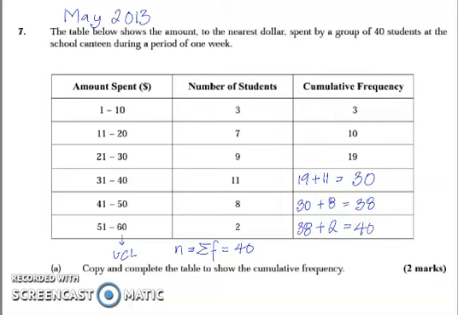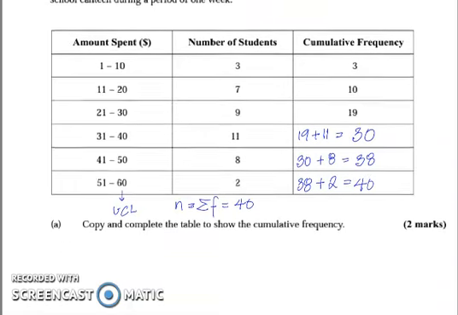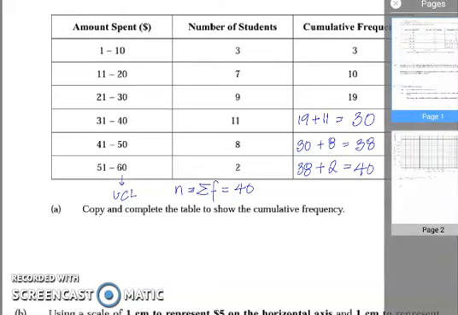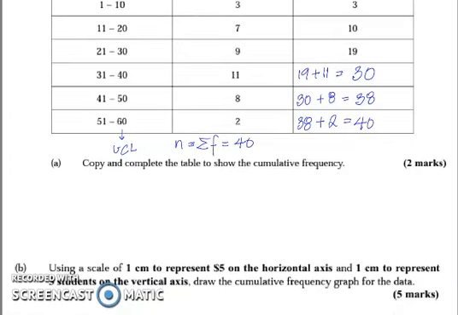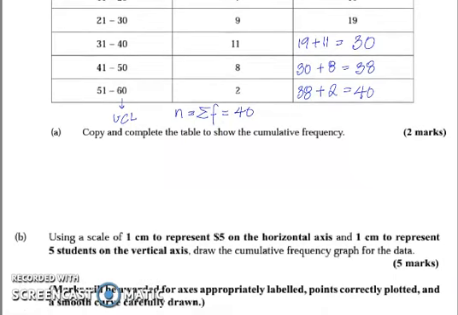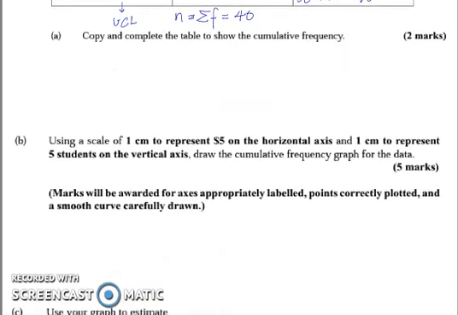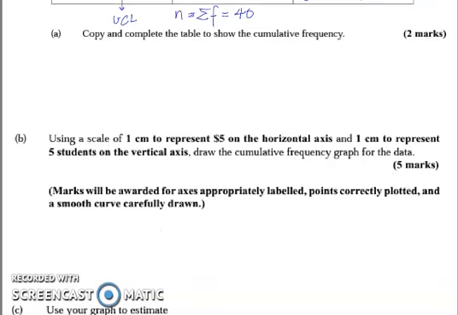All right. Now, the B part of the question. So we just completed the first part. Now, the B part of the question is asking us to, using a scale of 1 centimeter to represent $5 on the horizontal axis and 1 centimeter to represent 5 students on the vertical axis, draw the cumulative frequency curve for the data.